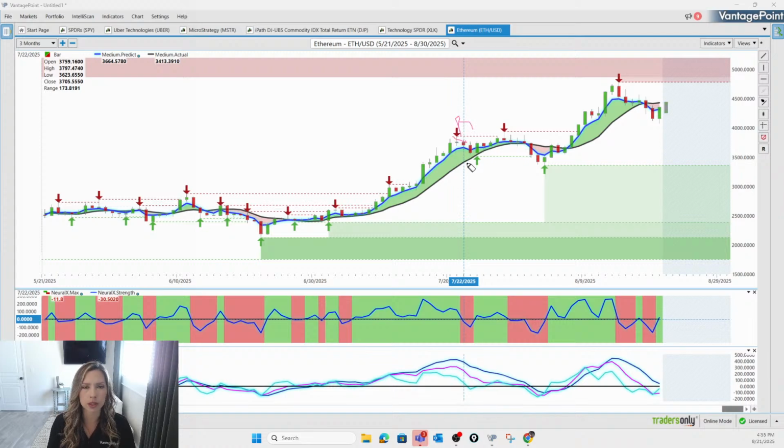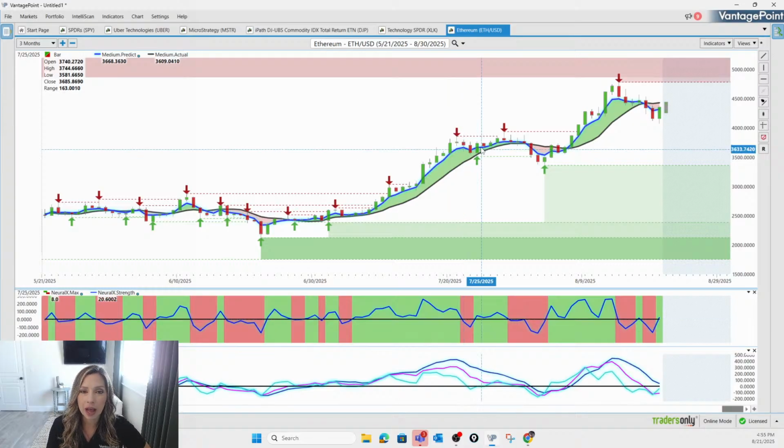Anytime we see weakness within a bear or a bullish trend, you know that there's some risk management that needs to happen there. And so getting those signals earlier can help you to navigate through that scenario with a much clearer head, less emotion, because you certainly don't want to trade with emotions.